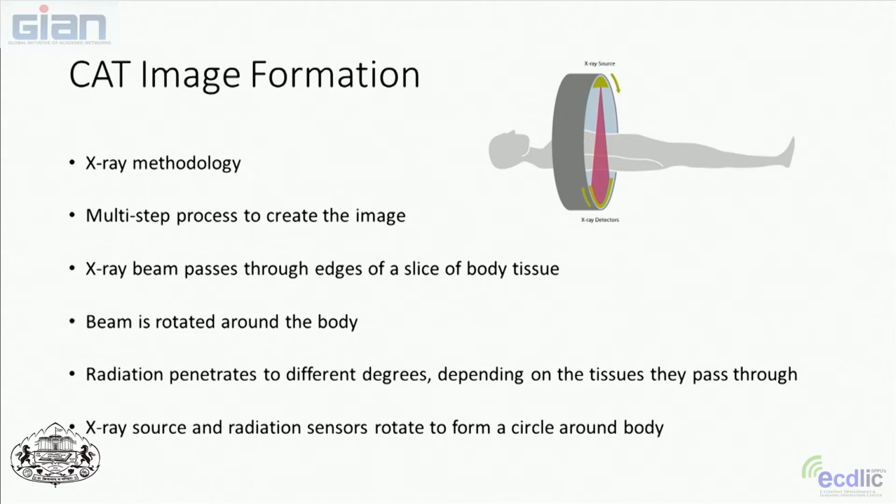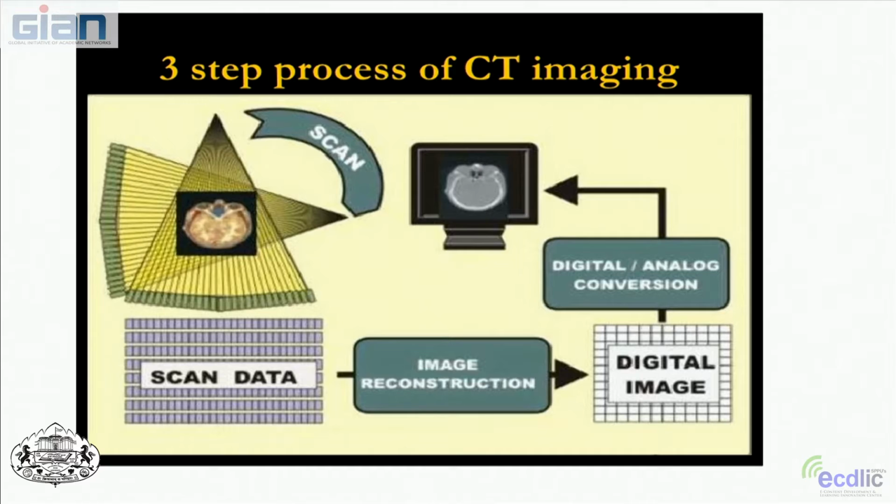As it's rotating, it's taking multiple images, and the X-rays penetrate differently depending on the tissue they pass through. And by turning this and taking multiple images, you can form a three-dimensional image of the body as it goes around.